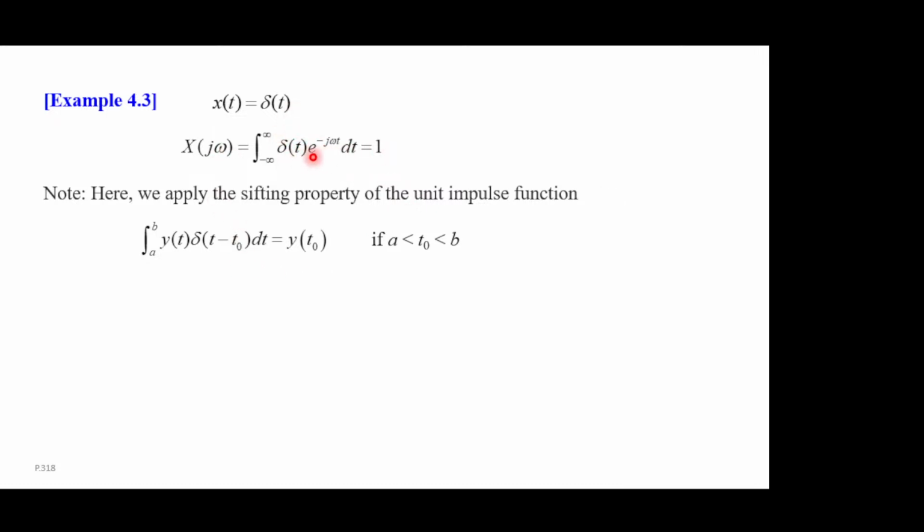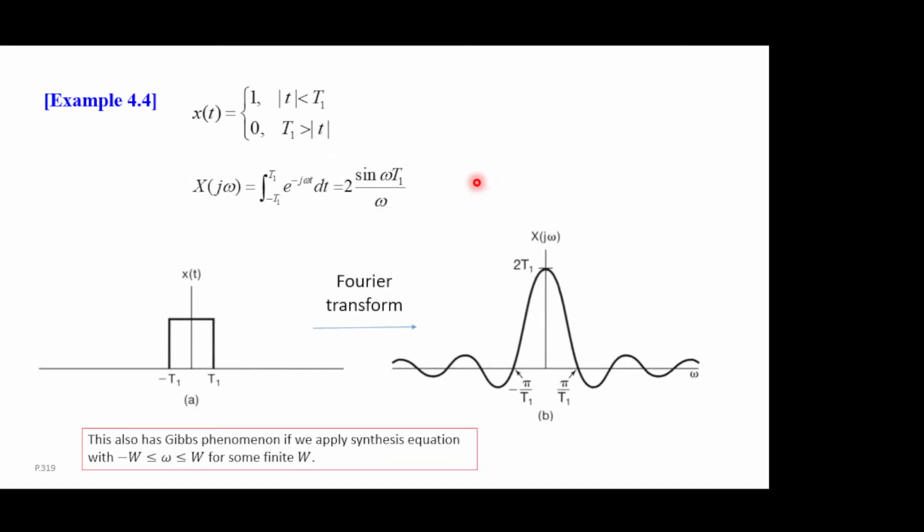You have delta of t minus t0 here, and you also use the shifting property. Then it becomes the value at t0, where the function is e to the minus j omega t. So you just have e to the minus j omega t0 here. We'll see that more later. And anyway, let's see the next example for the Fourier transform. This is like our favorite function, the square wave function.